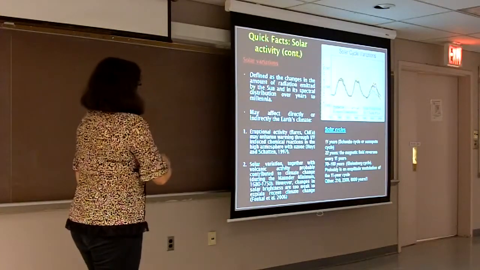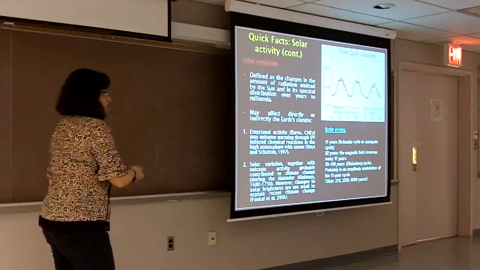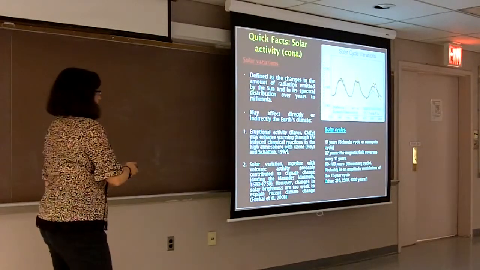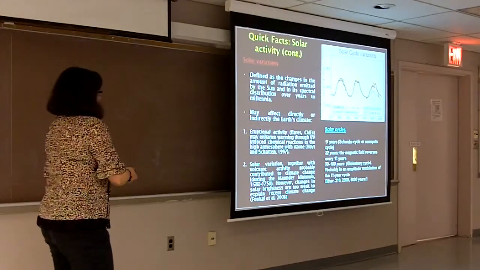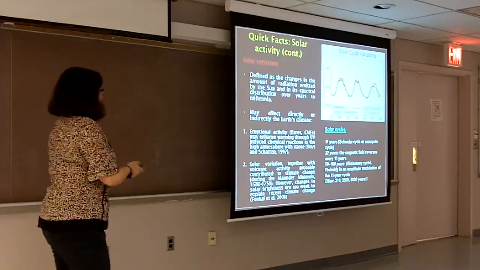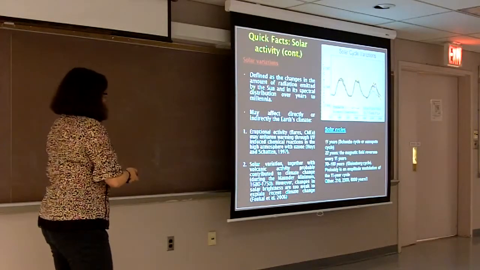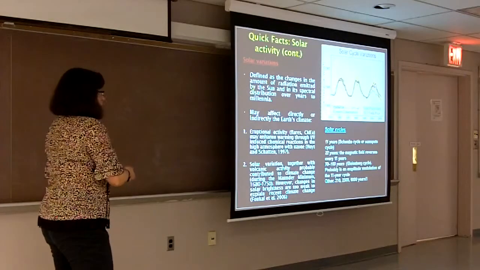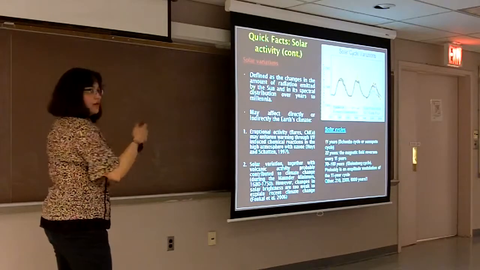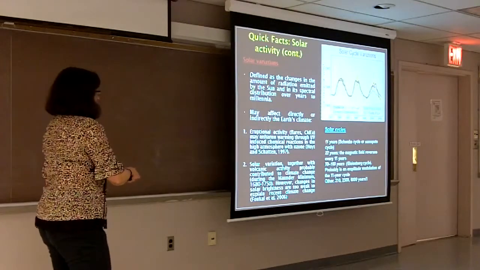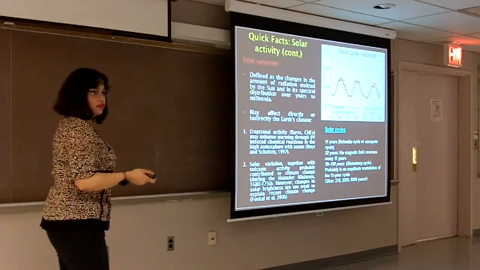So the important point here is that the solar variations may affect in a direct or indirect manner the Earth's climate. How? Well, I have two examples for that. The flares and the coronal mass ejections may enhance the warming through the UV-induced chemical reactions in the high atmosphere with ozone, because as you know, the ozone is created and destroyed by the UV radiation in the high atmosphere.